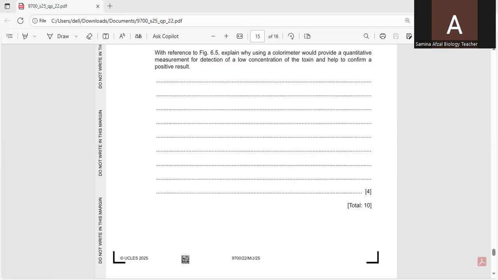When the toxin concentration is very low, the color change from oxidized TMB is faint and difficult for the human eye to distinguish from the colorless state, so it leads to the potential error of classifying a low level positive as a negative result. The colorimeter is far more sensitive than the human eye and can detect even a minute increase in absorbance above the background level.